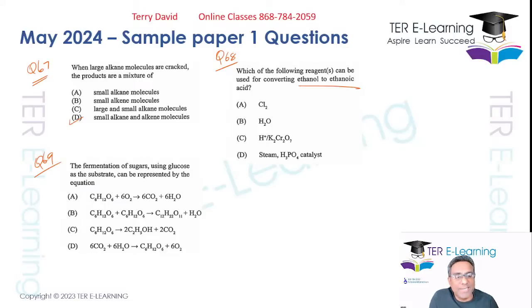A lot of people are saying the answer is C. Yeah, it is C. We need an oxidizing agent to convert ethanol to ethanoic acid. So the answer is C. What about 69? Fermentation of sugars using glucose as a substrate can be represented by... I think you all got a question like this in the paper too. What's the equation for fermentation?